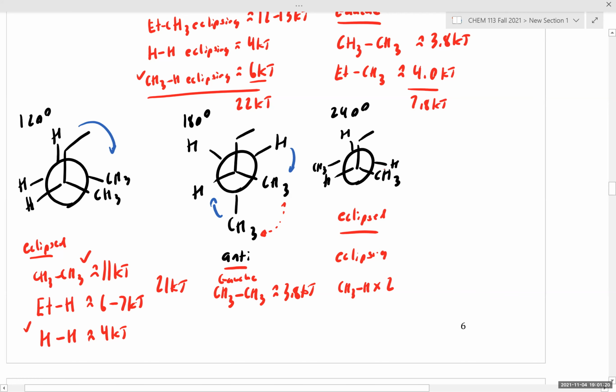And what's the value of a methyl hydrogen eclipsing interaction? 6. Yep, 6 kilojoules. What about an ethyl hydrogen? About 7. Yeah, 6 to 7. Okay, so in total, we have 12 kilojoules plus 6. We have 18 kilojoules of torsional strain.